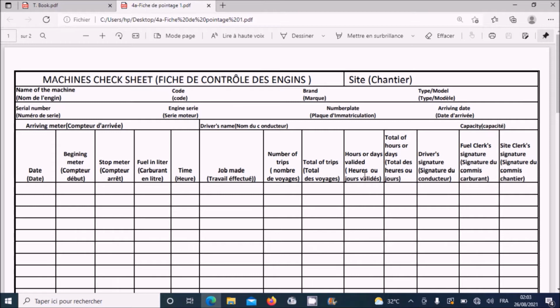So if the meter is in hours, it will be the number of hours. If the meter is in kilometers, it will be the number of days. Here we have the total here, and here the driver has to sign, the fuel clerk has to sign, the site clerk has to sign also.